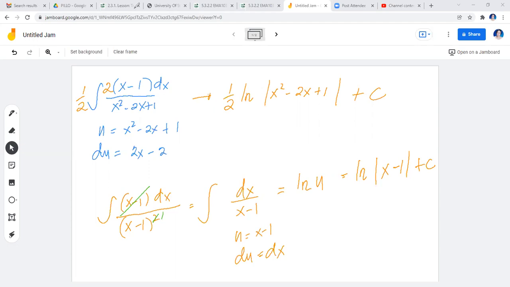Now, somebody wrote in the chat box, ln of x minus 1 plus c. Precisely. Now, I'd like to ask you, is this answer different than this? Why is it that your answer here is 1/2 ln of x squared minus 2x plus 1, and this one is ln of x minus 1 plus c?